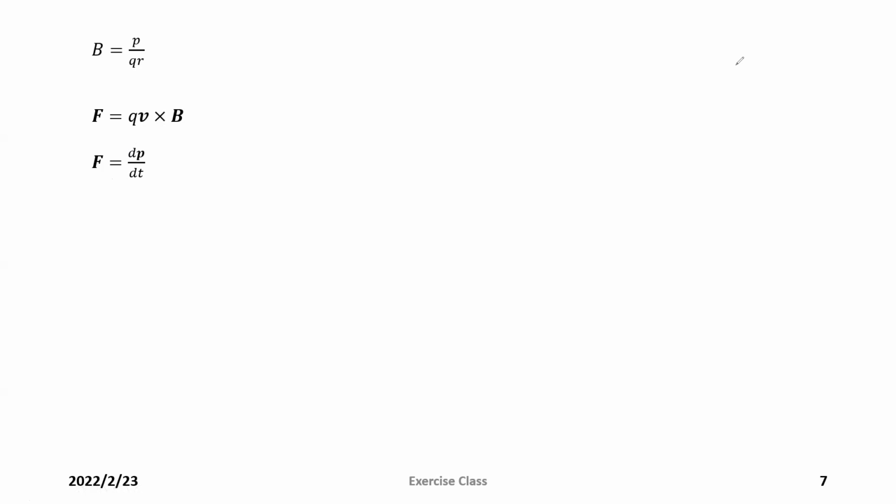So the particle will still move in a circular orbit. So we can consider the momentum change of the particle. Assume the momentum is P here, and after some time, the particle's momentum will be P prime.